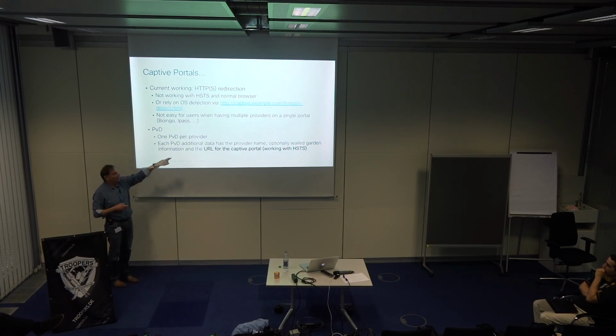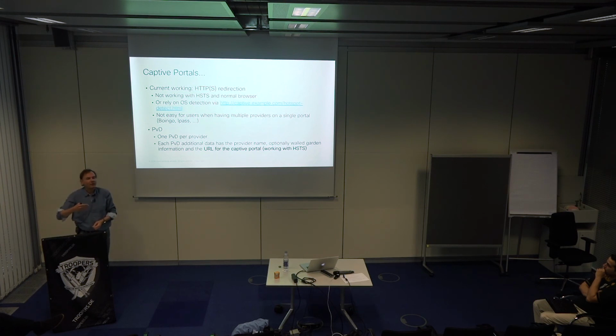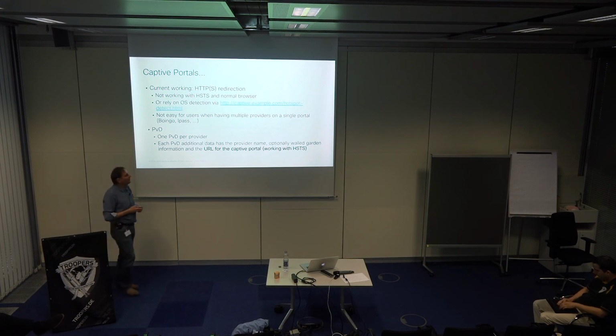As you saw in the previous slide, the URL is in the PVD, so I'm selecting Boingo because I see 4 on my screen. I'm using the Boingo source address, going to the Boingo captive portal, entering my user ID there, and on we go. And the other ones I ignore. That's one way of solving the captive portal.